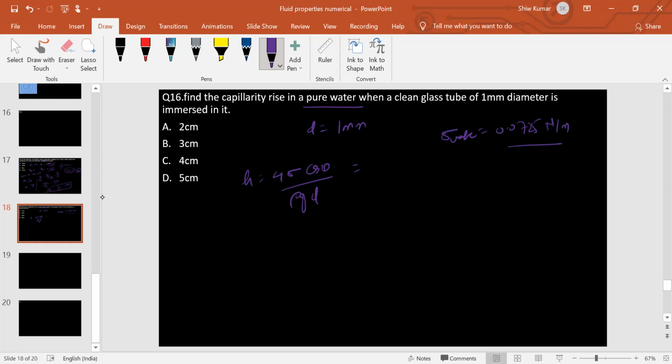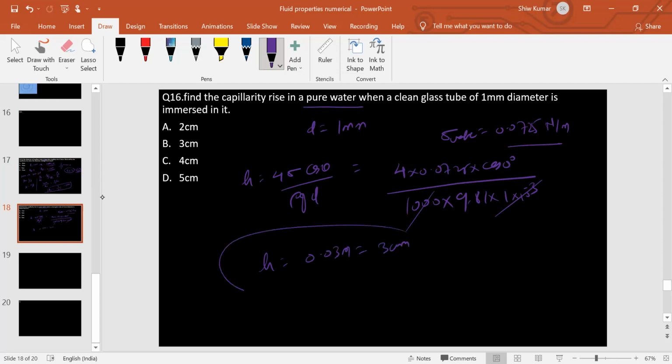Substituting the values: 4 into 0.0725, and the angle of contact is 0 degrees for the water case. Density is 1000 for water, 9.81, and the diameter is given as 1 mm, so 1 into 10 raised to minus 3. If you simplify it, the h value will be 0.03 meter, or 3 centimeters. So the answer is option B.